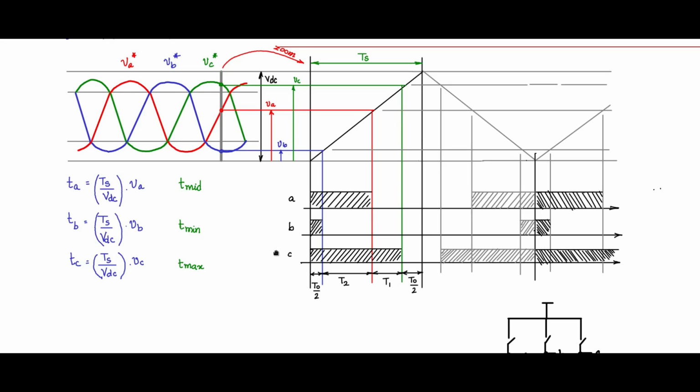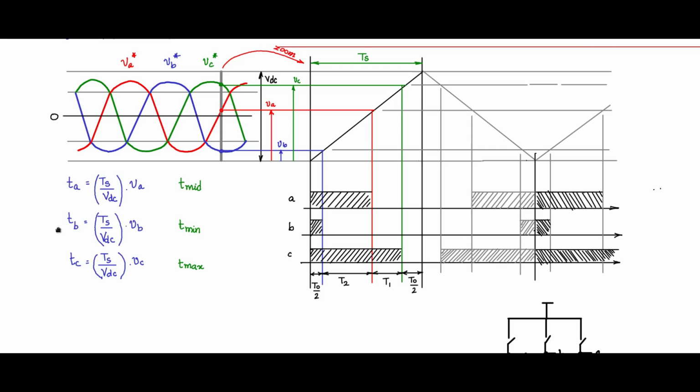Let me now indicate a problem to you. You see that these ABC phase waveforms are AC waveforms where the 0 is like this. So above the 0, VA, VB, VC are positive. Below the 0, VA, VB, VC are negative.